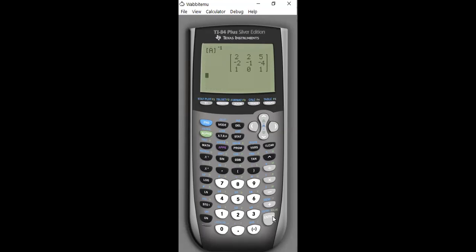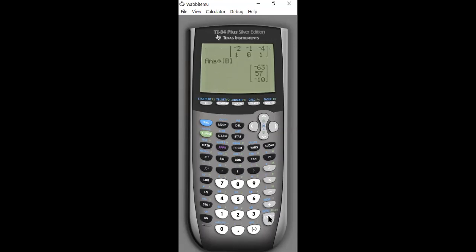Then you need to multiply by the B matrix. So you use second, answer, then times, then second, matrix and choose B. Then you press enter.